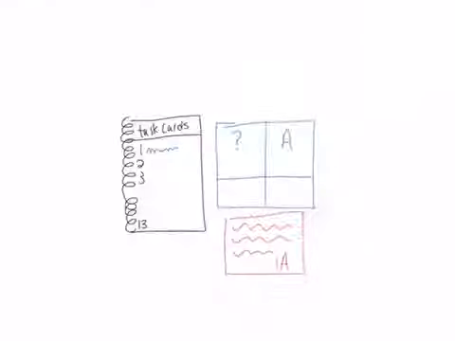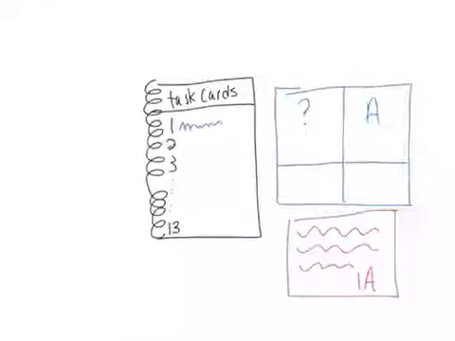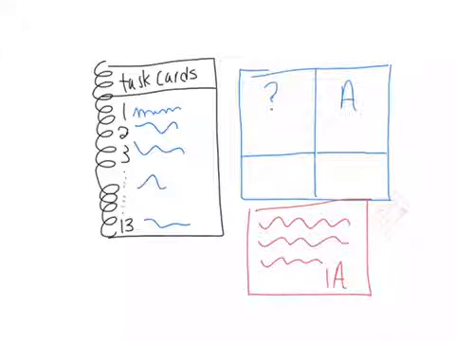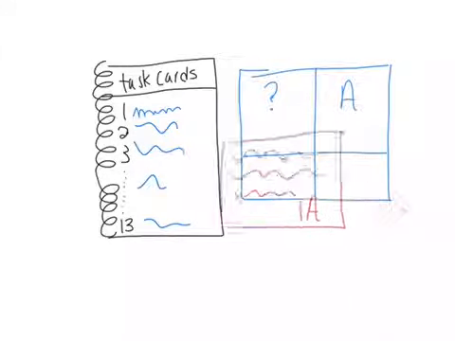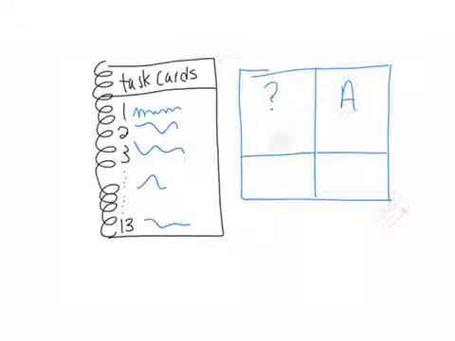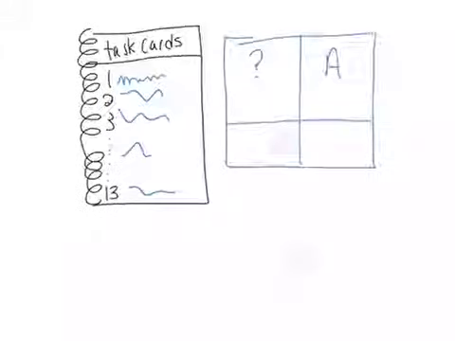You'll do that for all 13 of the cards, and you'll get 13 answers. Put the questions back in the folder, because the next class is going to have to use them. Then pull out the answer cards.